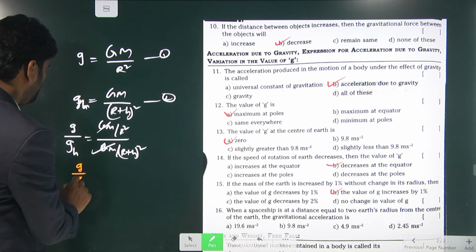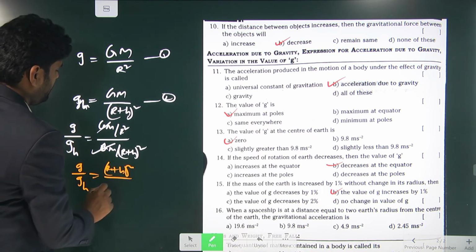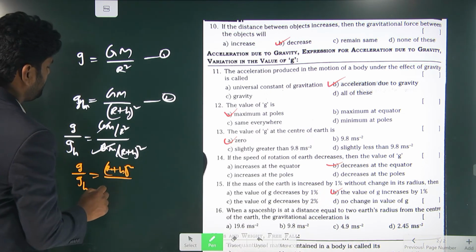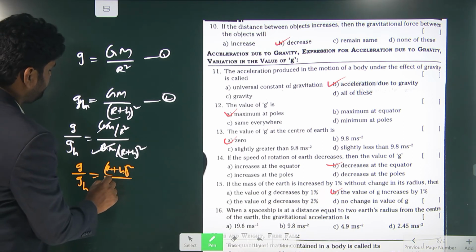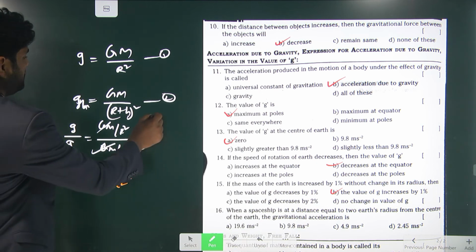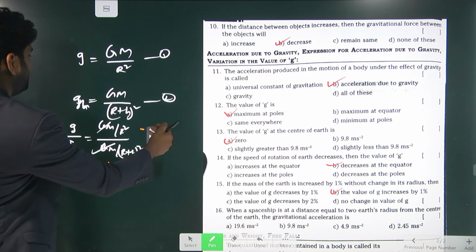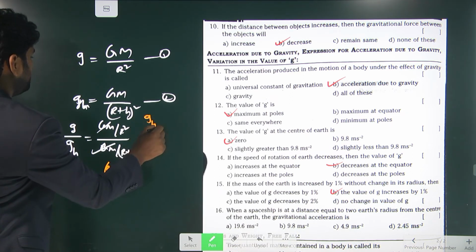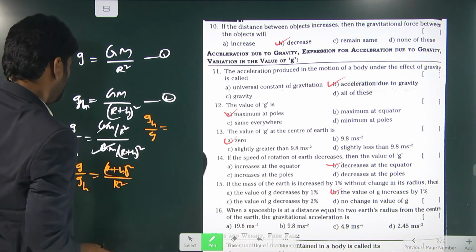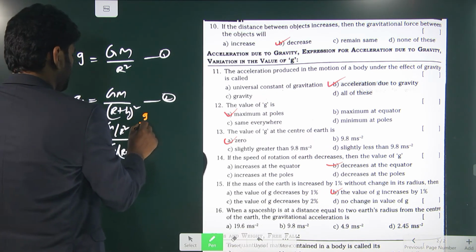What is the remaining thing? g by g_h is equal to (R plus h) whole square by R square. Wait, I am doing wrong.